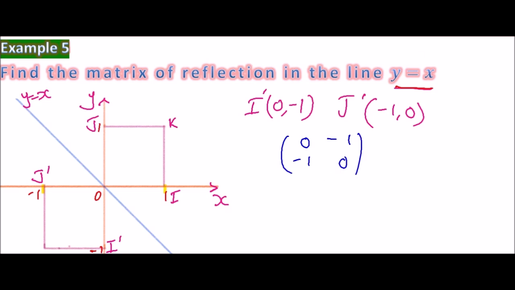And we can now say this is our I prime and that is our J prime. And remember, the matrix formed by the image of our unit square, this is our image, this is our object, forms the matrix of transformation. So the matrix representing the reflection through the line y equals x is this matrix, which is now 0, minus 1, minus 1, 0.